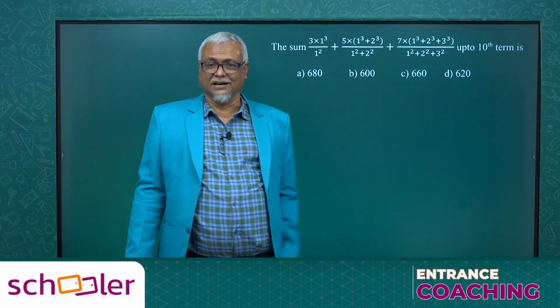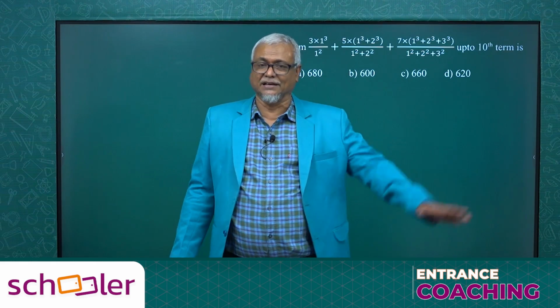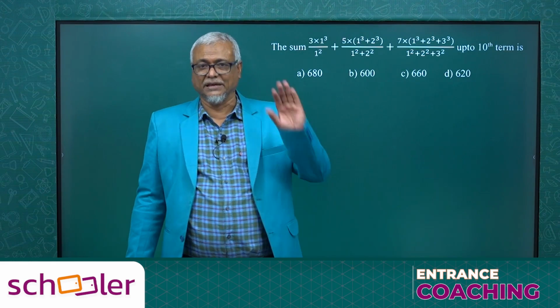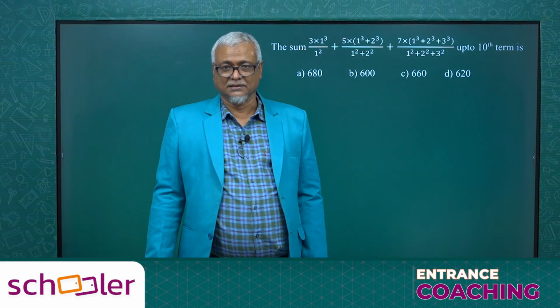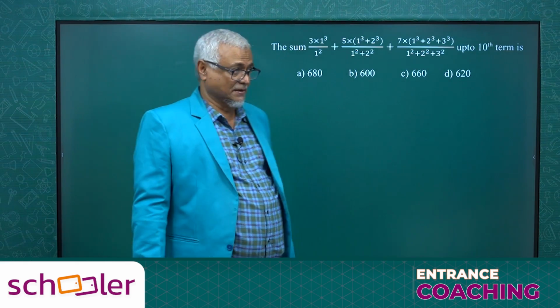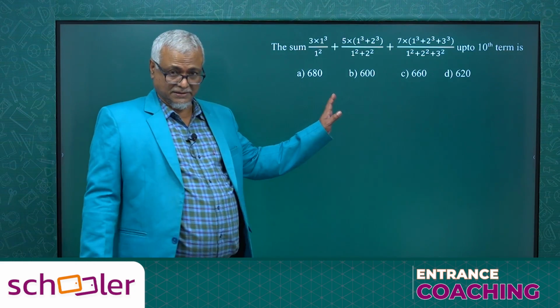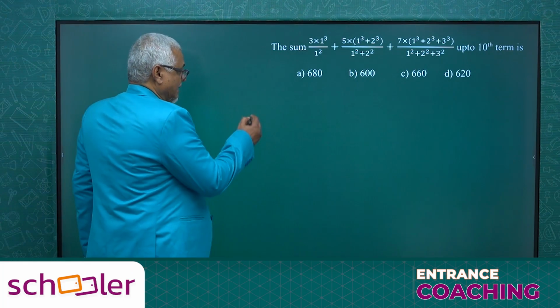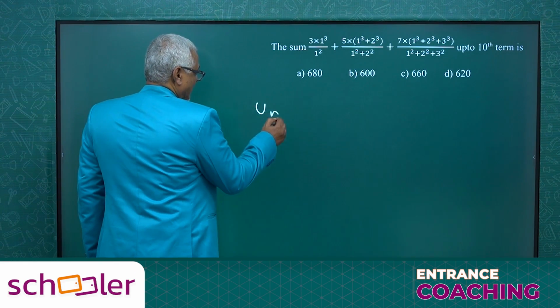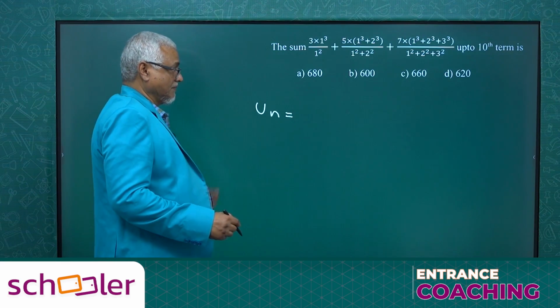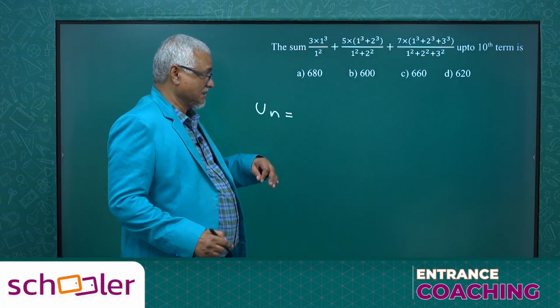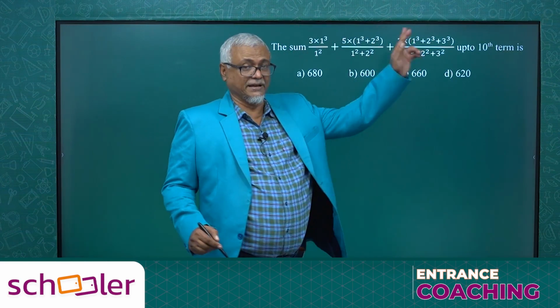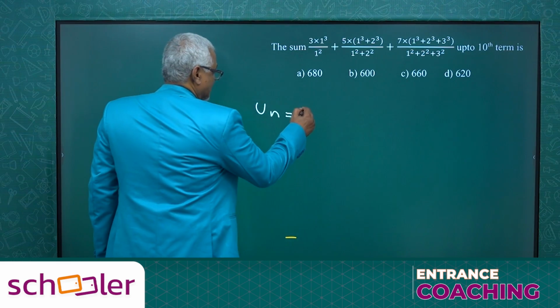Here one thing is clear: the pattern is clear. Every term is in the pattern, so it is very easy to find the nth term, un. We have 3 types of terms. One is 3, 5, 7, etc., which we know is 2n plus 1.